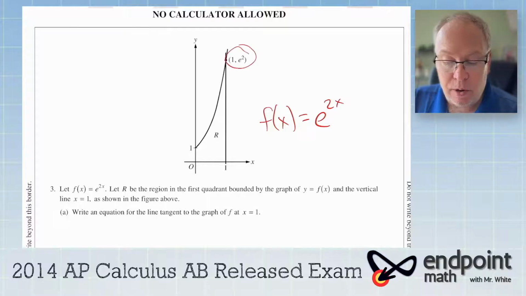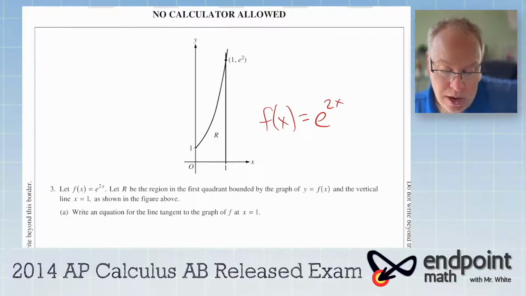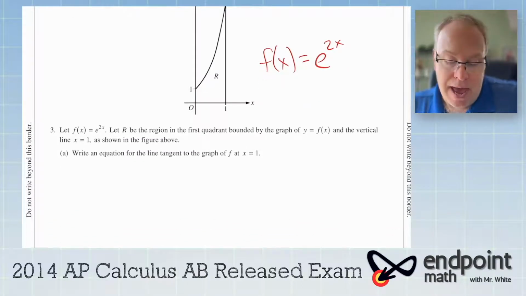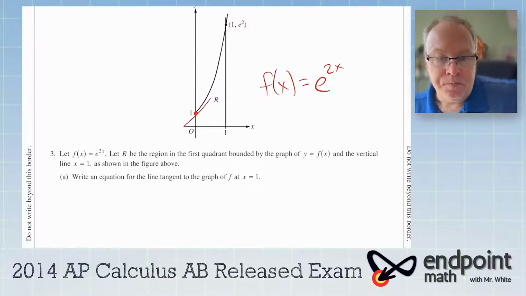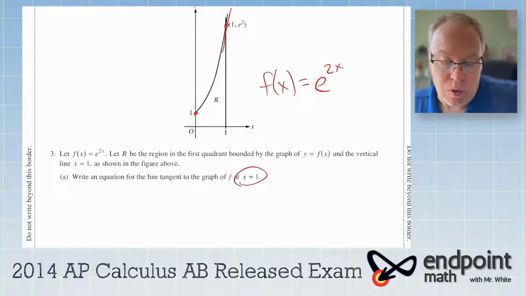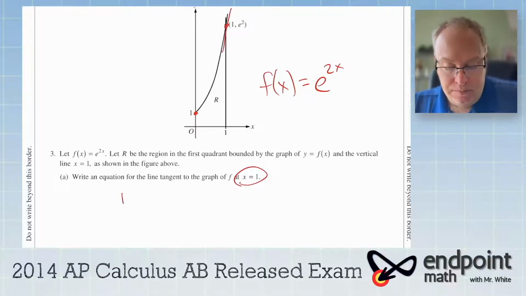Sounds like we're going to be doing an area, maybe revolving kind of problem, right? Notice they gave you this point up here. When 1 goes in, e squared comes out on that function, of course. Write an equation for the line tangent to the graph of f at x equals 1. So looking for this right here. I'm sorry, at x equals 1, not y equals 1. All right, so we have a point, and that's (1, e squared).